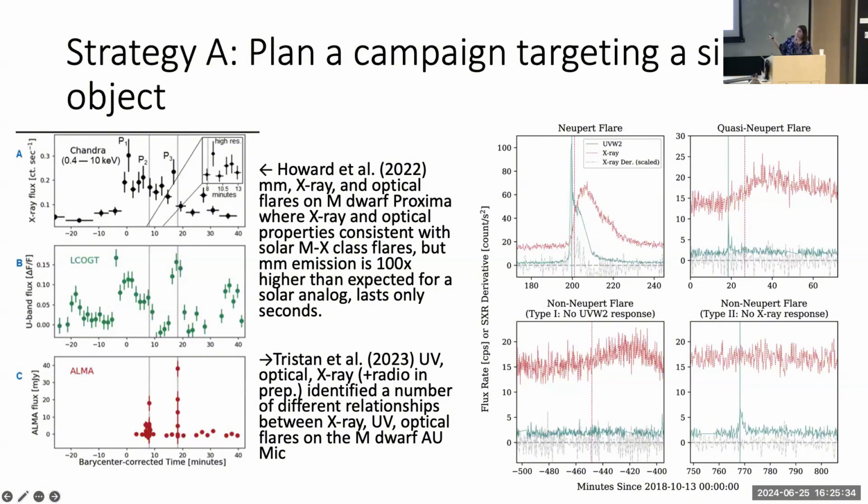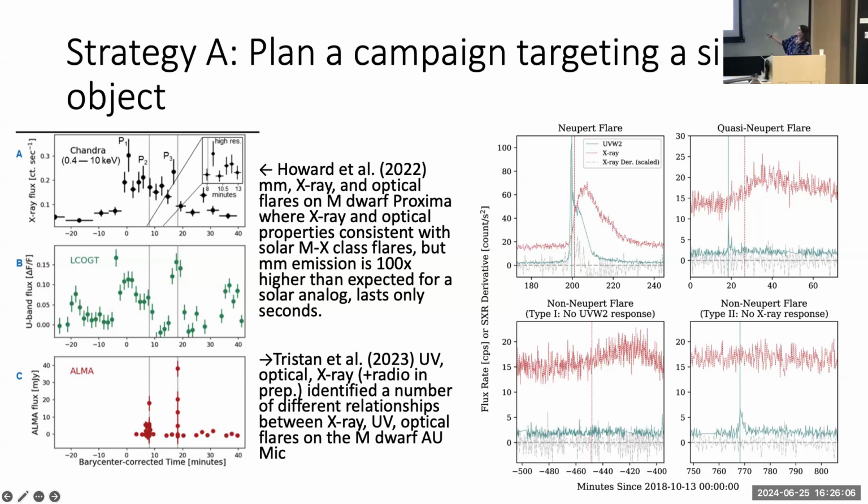This is a plot from that paper, and I'll note that there are radio flares being added. They found a number of different relationships between the X-ray, the UV, and the optical, which they interpreted as Neupert events, where you have a characteristic relationship that you expect between the accelerated particles and the plasma heating that's happening as a result of the energy deposition of those energetic particles, things that are quasi-Neupert and then non-Neupert.